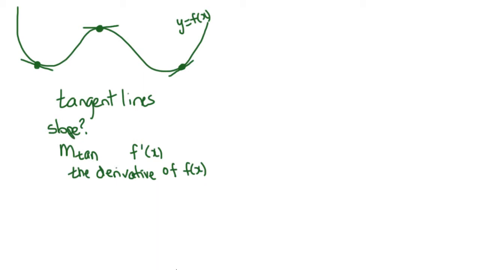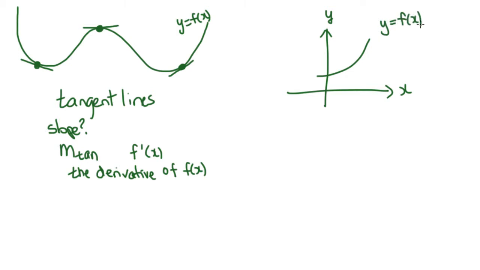So let's draw a picture here of another just generic function. Maybe it looks something like that, and let's give it a name. Again, let's call it y equals f of x. And we're going to try to explore the idea of the slope of the tangent line. So to start off, let's look at two different x values. And we want to make sure that these are nearby x values.